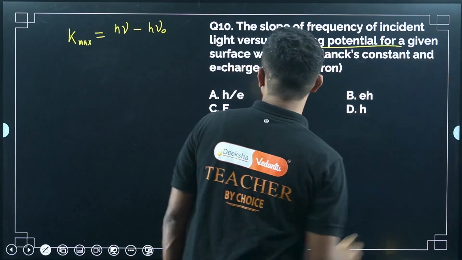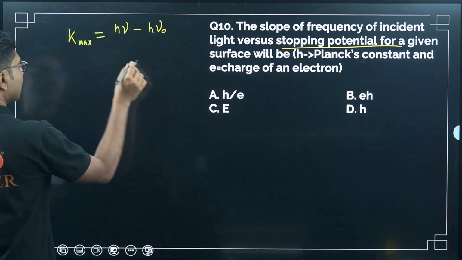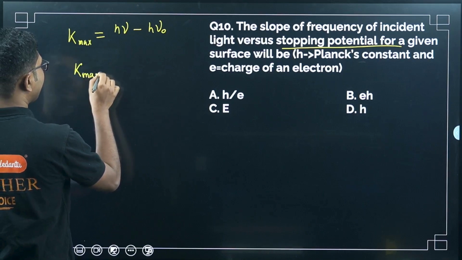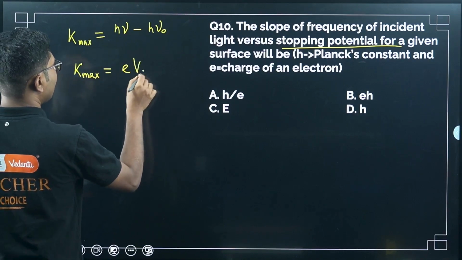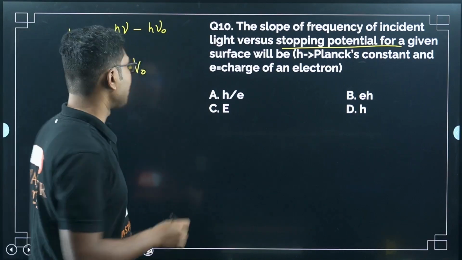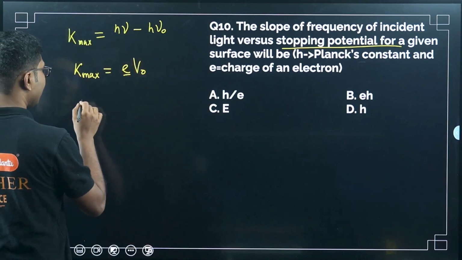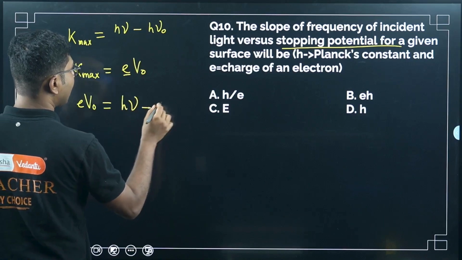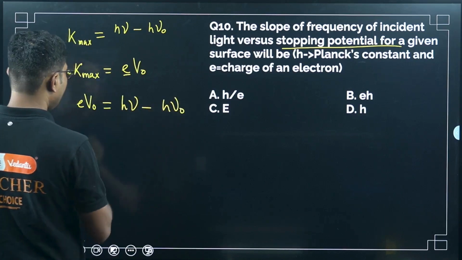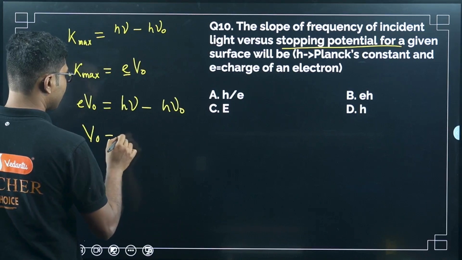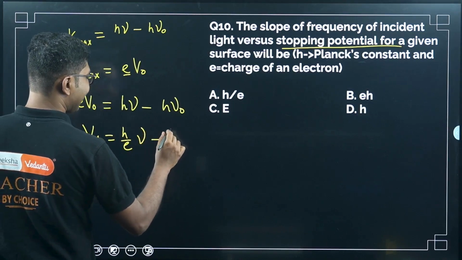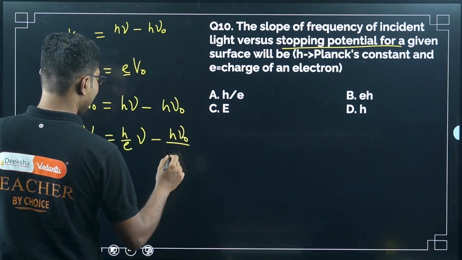Stopping potential. Now K max, if the stopping potential is V naught, then K max can be written as e V naught, where e is the charge of an electron and V naught is the stopping potential. So let me write it here. e V naught equals h nu minus h nu naught. Okay, so V naught equals h by e times nu minus h nu naught by e.